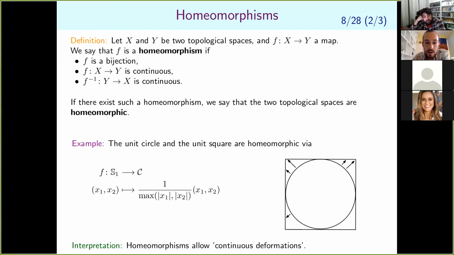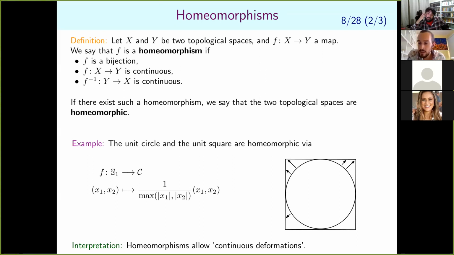Let me give you an example. The circle in R2 and the square are homeomorphic, right? We can define a simple map between the circle and the square that is bijective, continuous, and with continuous inverse. And so for a topologist, a circle and a square are the same thing, all right?